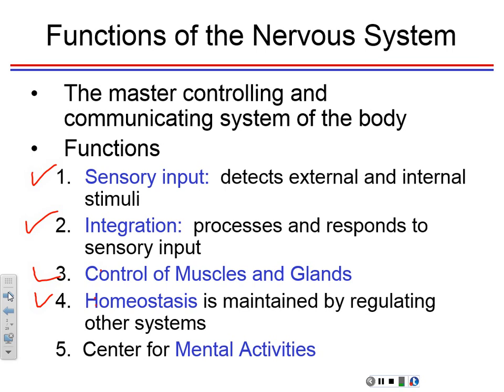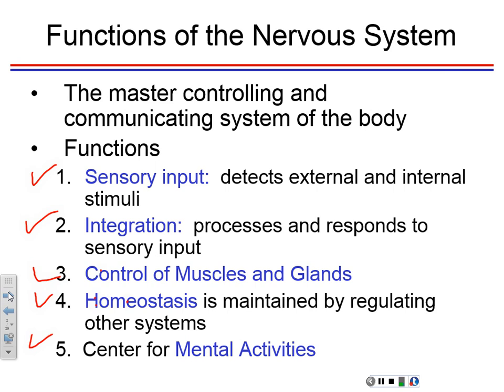Remember when we talked about the components of a homeostatic mechanism, and we said you need a receptor, right, to pick the information up. Then you need a sensory neuron to take the information up, and then the brain, the control center, will make sense of it, and then we will send a response or instructions for the effectors to take action in order to maintain homeostasis, which is a relatively constant internal environment.